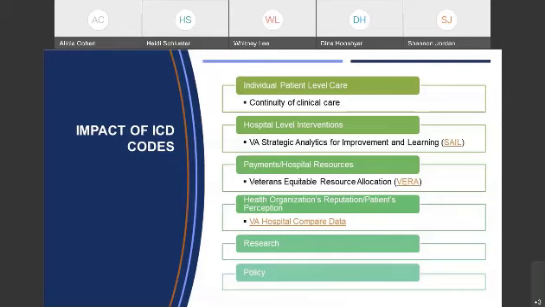Same concepts apply to payment, hospital resources, health organizations' reputations, patients' perceptions, research, and policy. What all these people and entities see and hence interpret and act upon is not all the details that clinicians write in their clinical notes, but rather the ICD codes that the documentation supports.